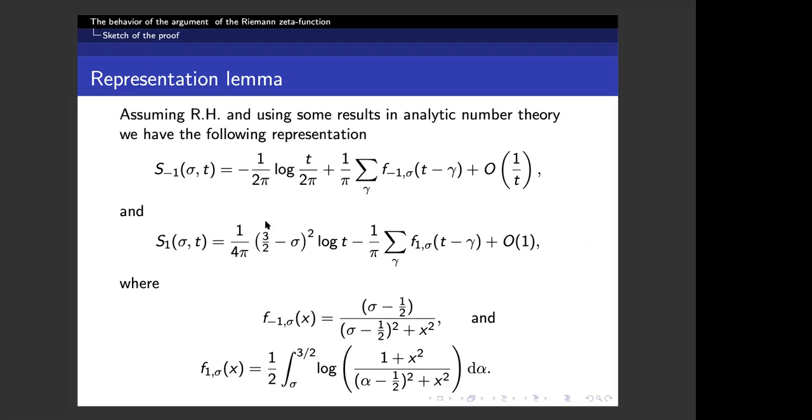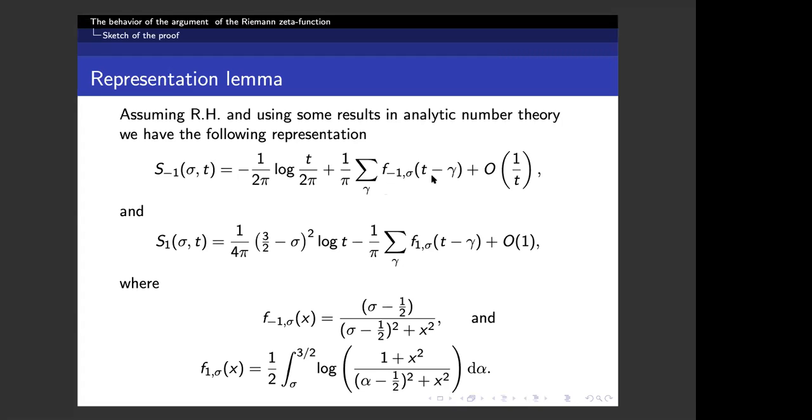Using some machinery in analytic number theory, we can obtain this representation. But now the problem is to understand these sums that depend on the ordinates of the zeros of zeta, of f evaluated at t minus gamma.